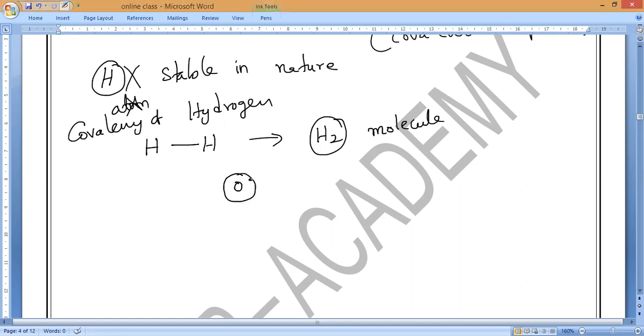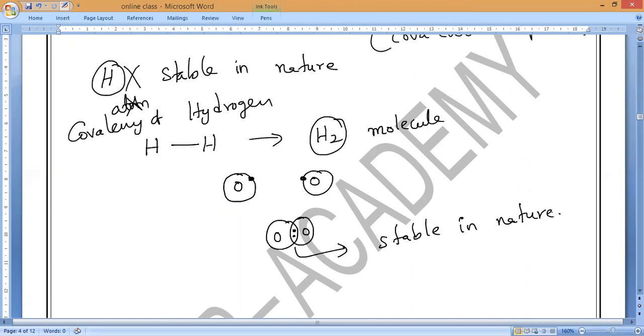Yes or no? Another hydrogen also has 1 electron, so both combine together to become stable in nature. Both will feel they have 2 electrons, so they become stable. Have you noticed it? So what is the covalency of hydrogen? One electron sharing.